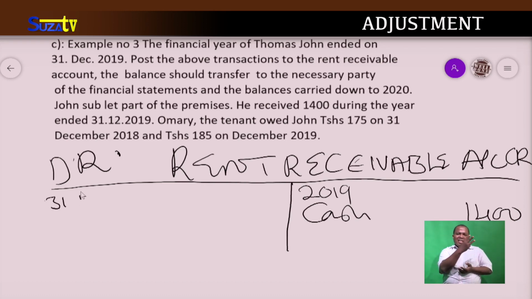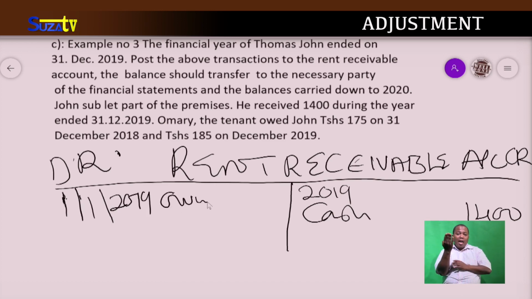You put here 1st January 2019, owing BD. How much? 175.